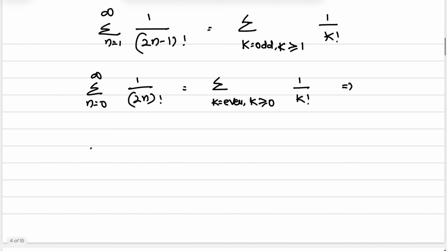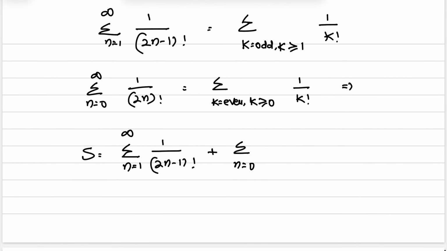Then our total sum is equal to, as we have derived, sigma n is equal to 1 to infinity 1 by (2n minus 1) factorial plus sigma n is equal to 0 to infinity 1 by (2n) factorial.